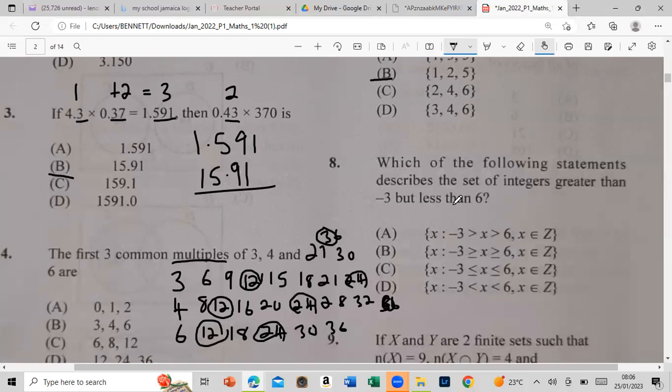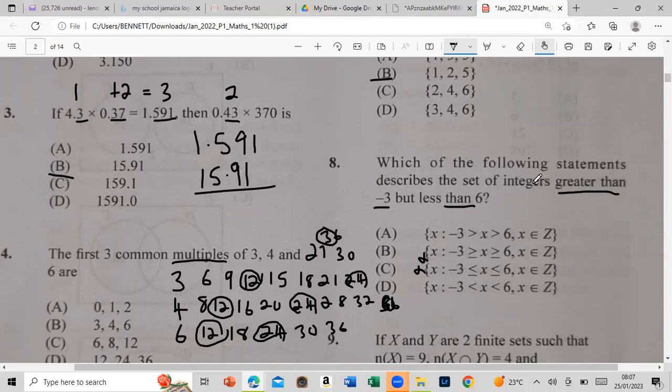Number 8 says, which of the following statements describes a set of integers greater than negative 3 but less than 6? Alright, look. It's supposed to be greater than negative 3, so just greater than alone, but less than 6. And we never say equal to. So I'm going to eliminate the ones with less than or equal to.